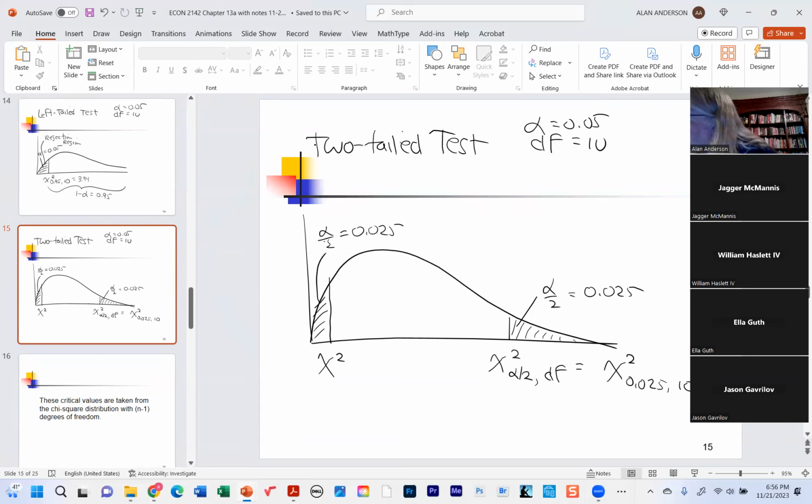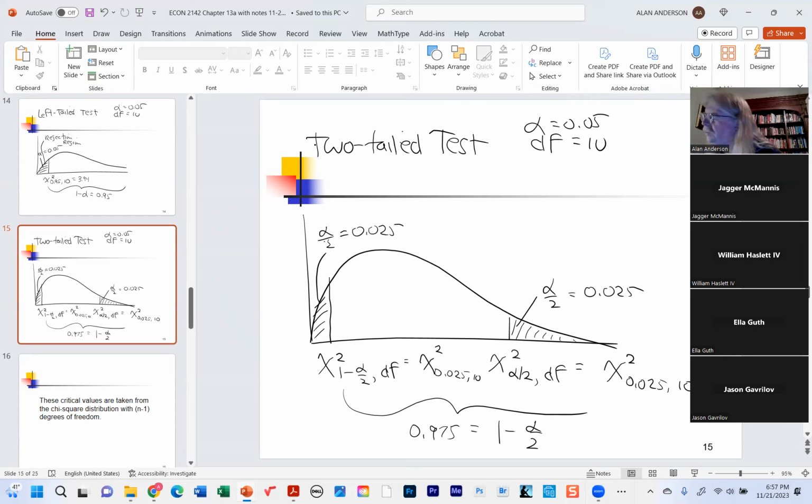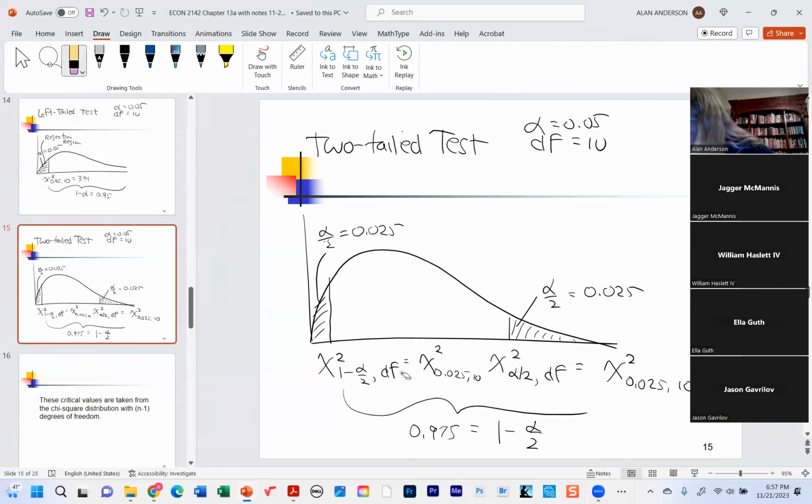If 2.5% is in the left tail, all of this is the right tail, 0.975, which is equal to 1 minus alpha over 2. So those are our two critical values. We'll look them up. Oh, sorry, I wrote the wrong thing here. Wait a minute, my mistake. This should have been 0.975. Sorry about that.